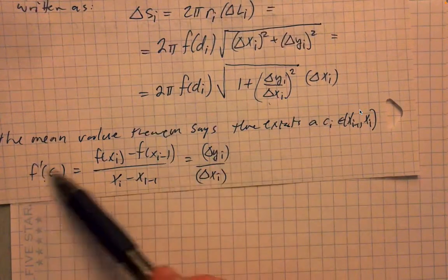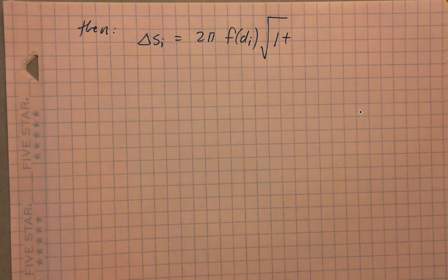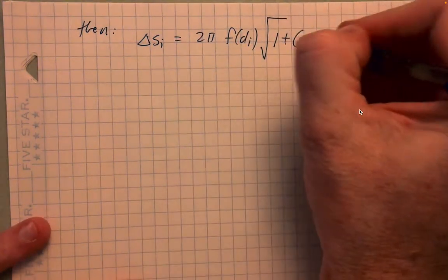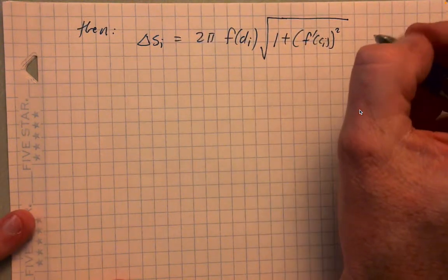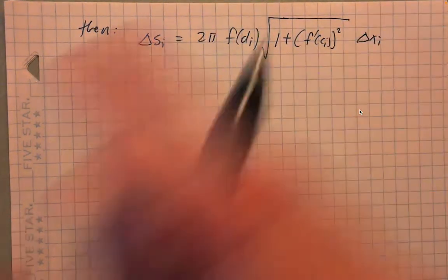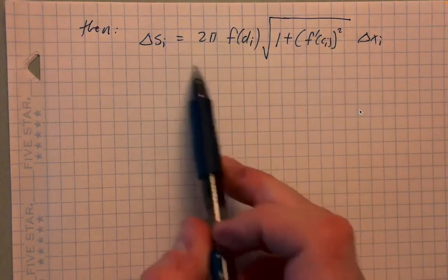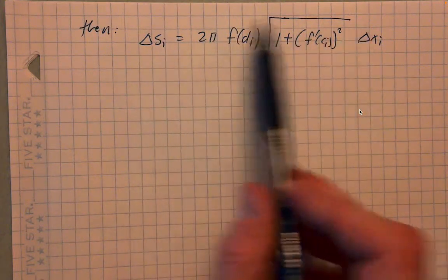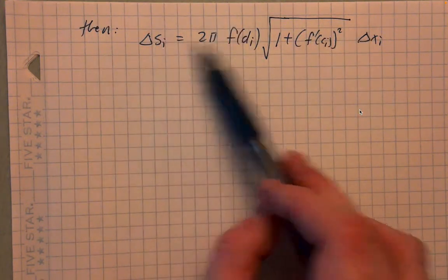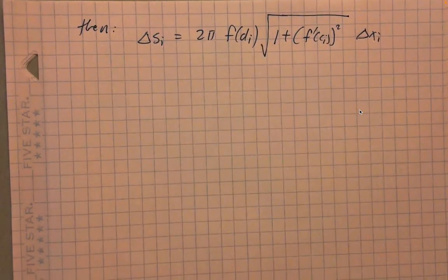These two are equal, so let's use this instead. So it'll be plus f prime of ci, and we do still have to square that. And then it's again delta xi out here. So this is a relatively concise formula for the surface area of the particular frustum that we're looking at, for the particular representative rectangle that gets rotated. It's going to give us the outer surface area.